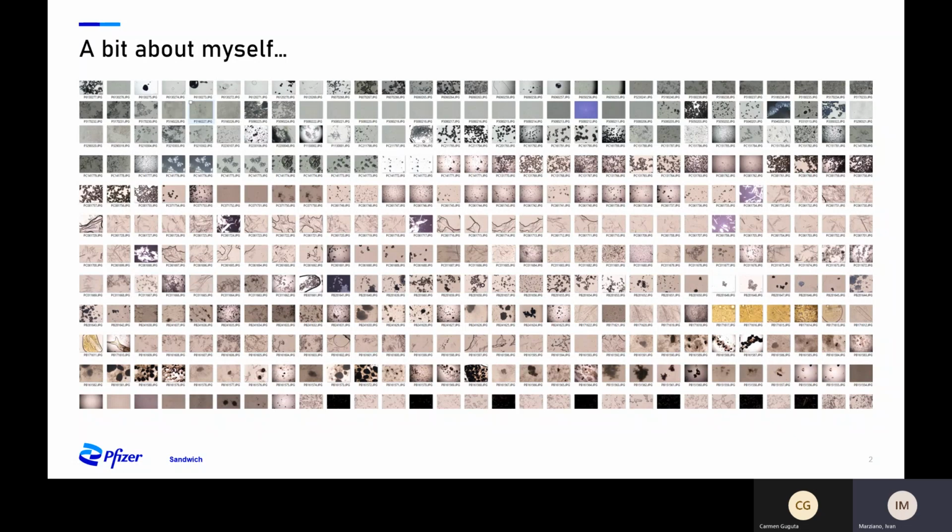When I was looking for photos of our lab and what it looked like when I first started at Pfizer, I looked in some of our archive drives, but instead what I found is thousands and thousands of photos of crystals.